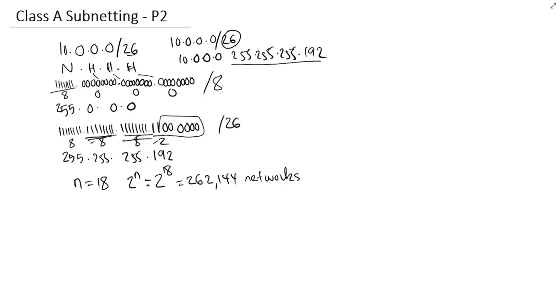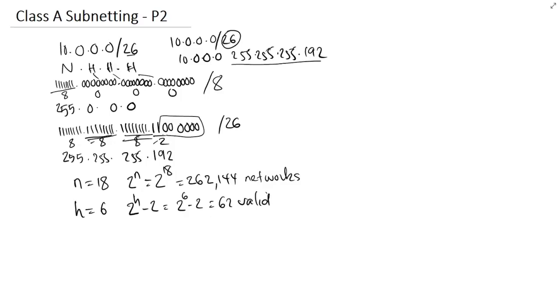So in each network out of these 262,144 networks, how many valid hosts would you have? So h equals 6, you only have 6 here, and that becomes 2 to the power of h minus 2. So 2 to the power of 6 is 64, minus 2, that's 62 valid hosts.